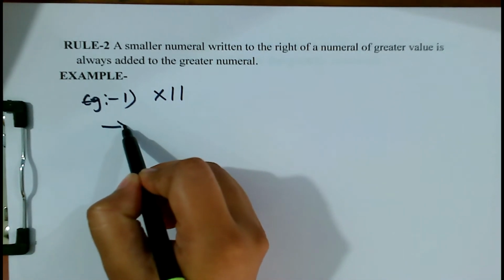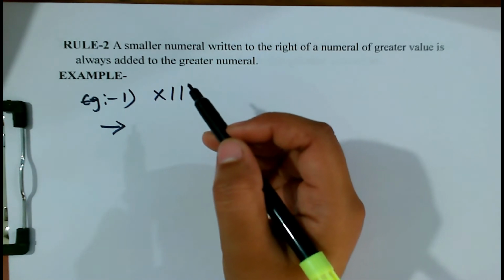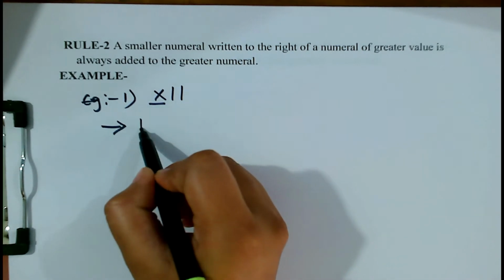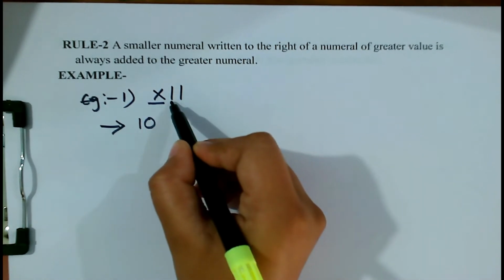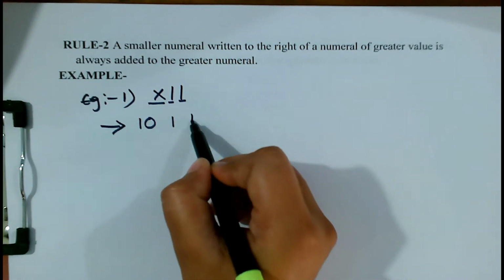It means that the greater numeral X represents 10, and then I is 1 and another 1.